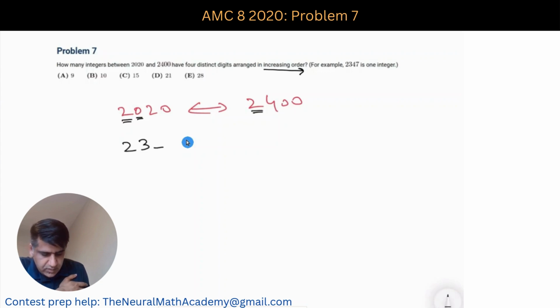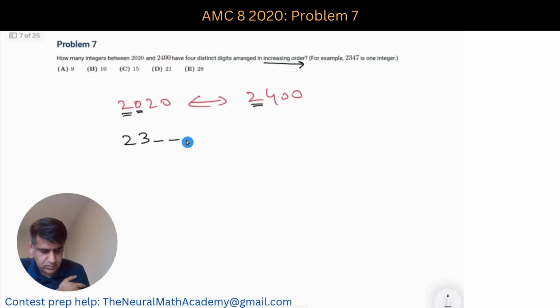So now we have to find how many combinations are possible for the last 2 digits. We have 2 here already, and this number is 3. So the number that will come in this place can be 4, 5, 6, 7, 8, or 9.